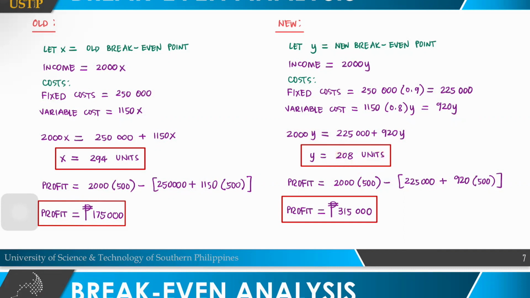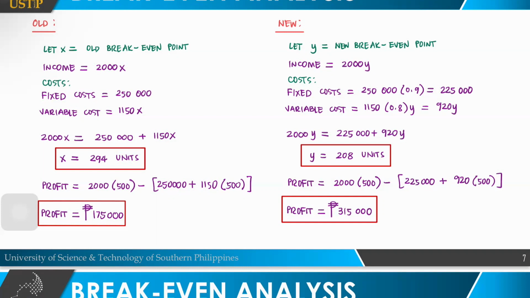Of course, for the new break-even point, it takes a lesser number of units sold to break even because the fixed cost and the variable cost are both decreased. So it will be smaller compared to your old break-even point. Before we solve the profit, keep in mind it must be greater than our old profit value because again the costs are decreased.